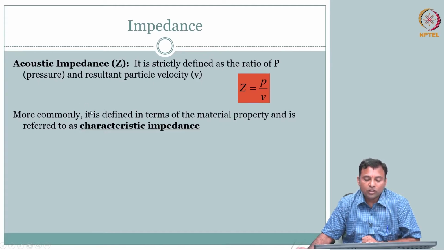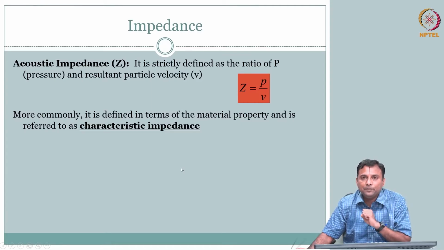So, most commonly it is defined in terms of material property and is referred to as characteristic impedance. Why is it characteristic impedance? Because if I tell you the impedance value, it will relate to a particular material. That is why it is characteristic impedance, it is a material property.